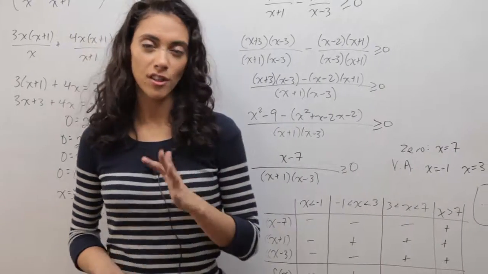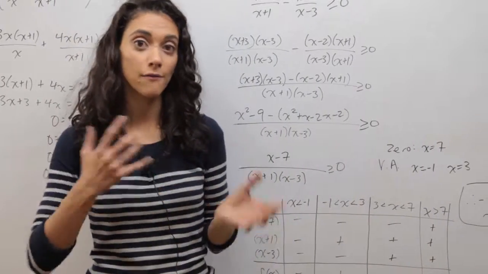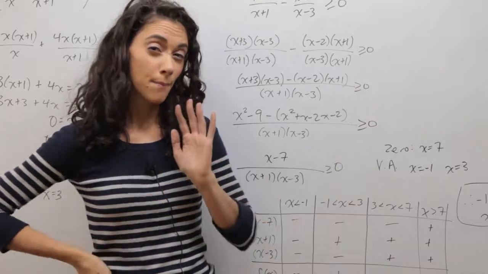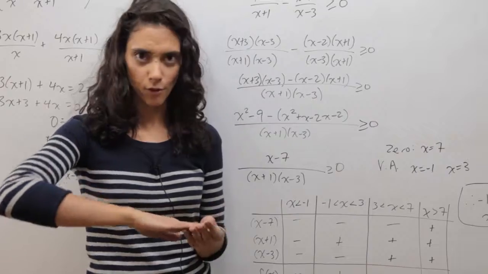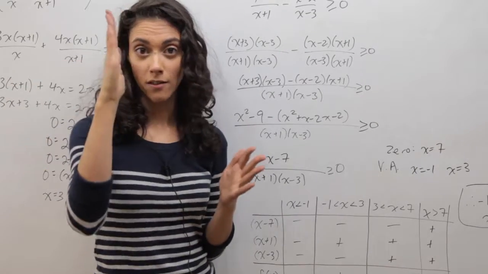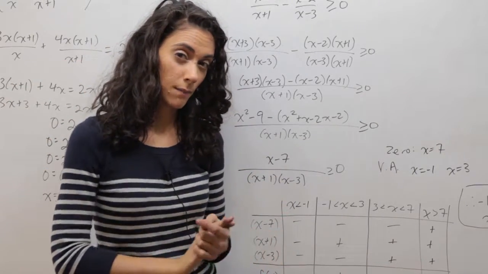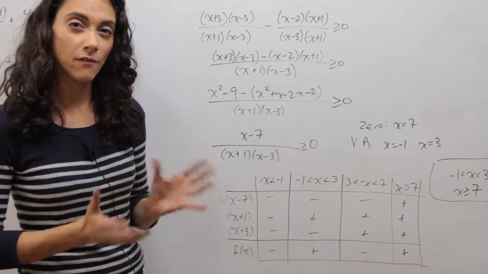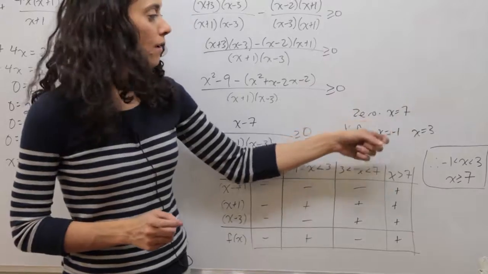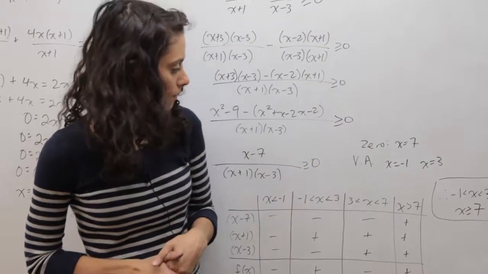The only way a function can swap from being positive to negative or negative to positive is if it passes through a 0 or it sort of hops over the asymptote. On one side of the asymptote, it's positive, and then on the other side of the asymptote, it may be negative. So we're going to test when this function is positive and when this function is negative using the 0 and the 2 values for the vertical asymptotes.